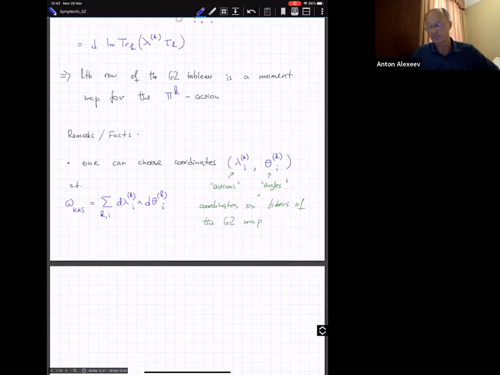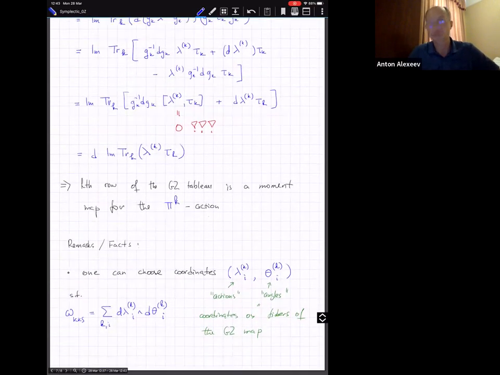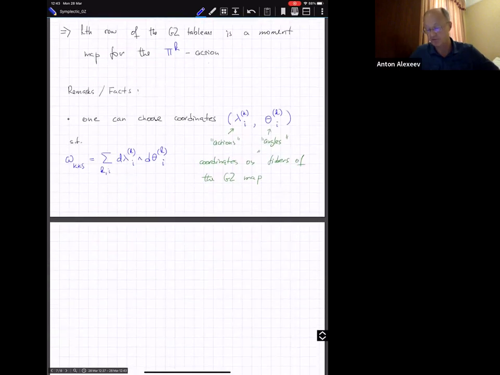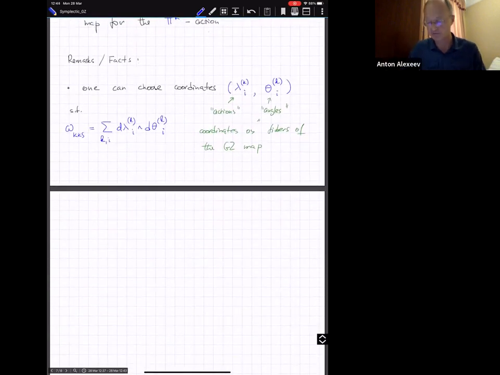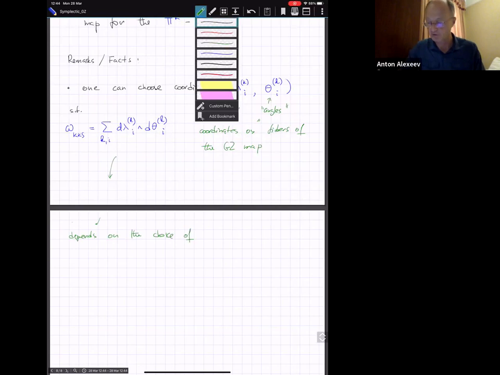So you see, this is not quite guaranteed from the Guillemin-Sternberg theorem that we've just proved. So why is that? This actually depends on the choice of angles.